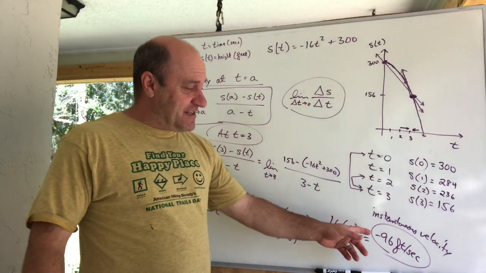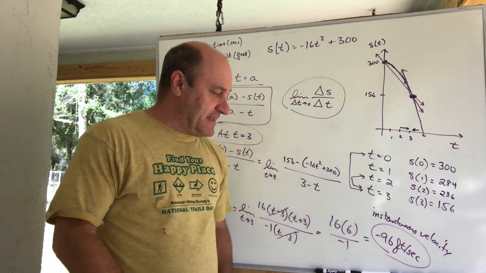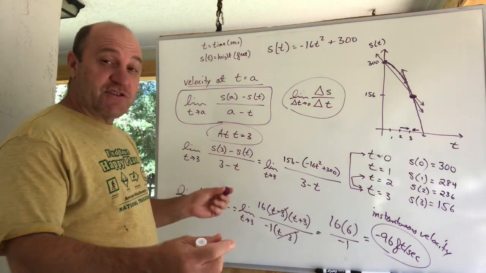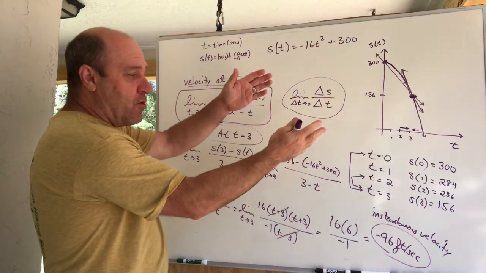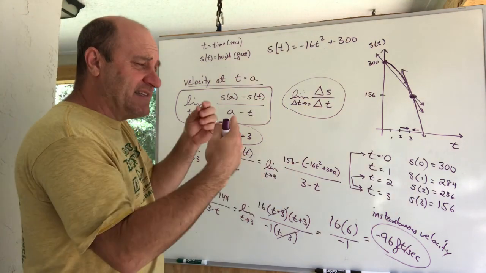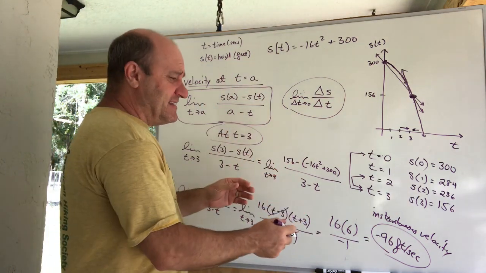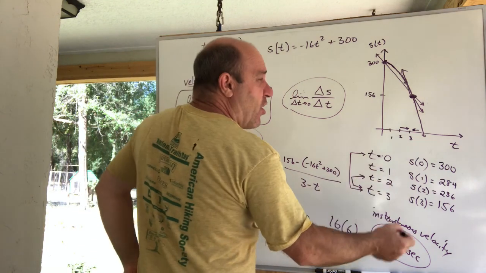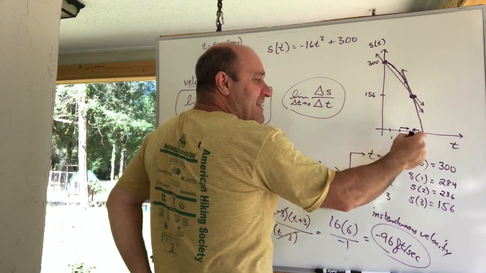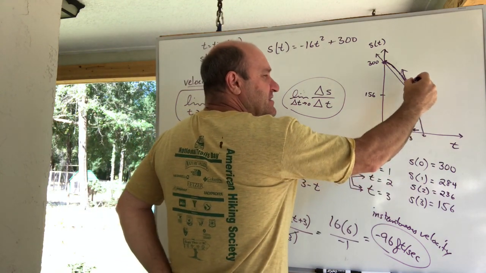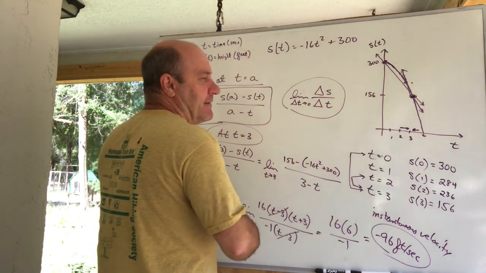And that instantaneous velocity that we found, that negative 96 feet per second, is the slope of the line again, but instead of the slope of the line between 2 points, it's not some average slope. It's the slope of this curve at t equals 3 seconds. So it's what's called the slope of the tangent line.